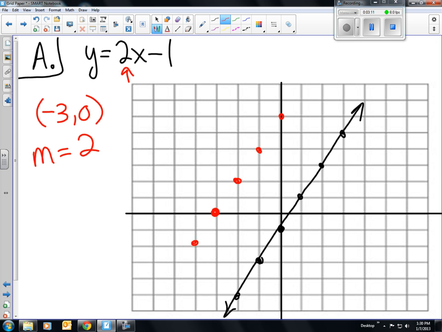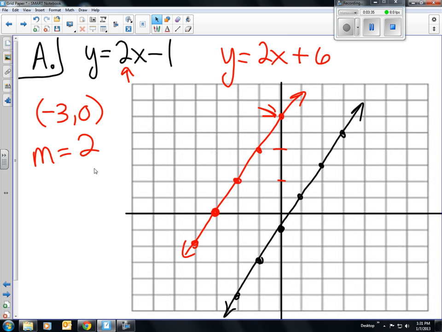Then I can just graph the line, and we can see it's parallel, obviously. The equation of that line would be y equals 2x, because the slope has got to be 2, plus the y-intercept, which is going to be 2, 4, 6. So plus 6. That would be a way to do part A for this problem.